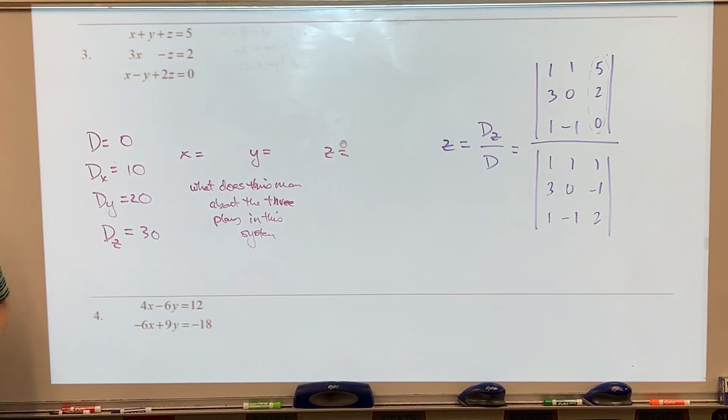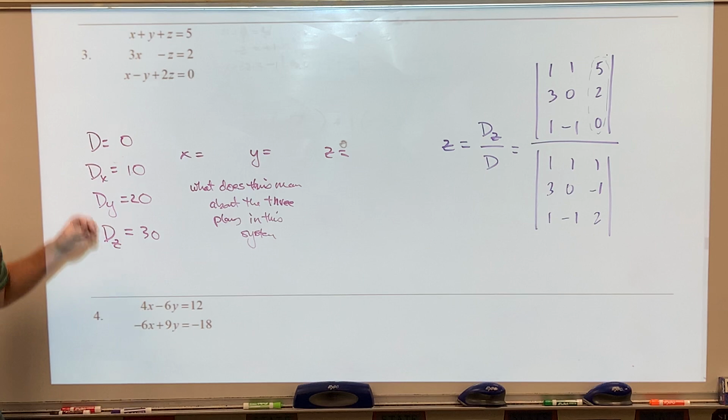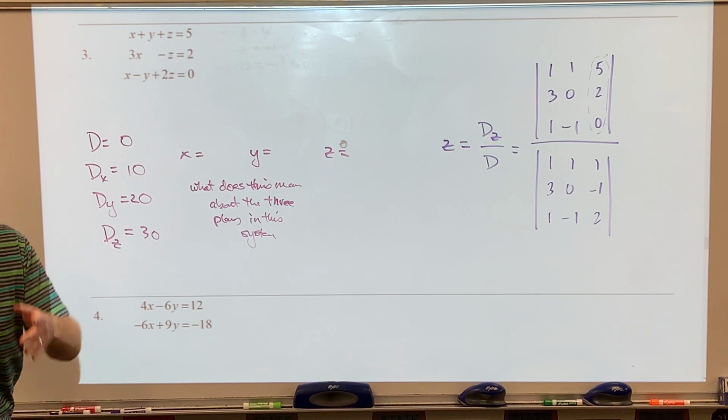They're all undefined. They do not intersect in one spot. Right? So you get DNE on all these because of the 0, but because you had numbers there, that means these three planes are like maybe the ceiling, the floor, and the wall. I mean, two planes are going to intersect somewhere unless they're parallel. If they're not, they're going to intersect, but that doesn't mean all three intersect.